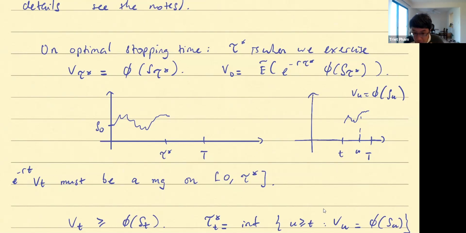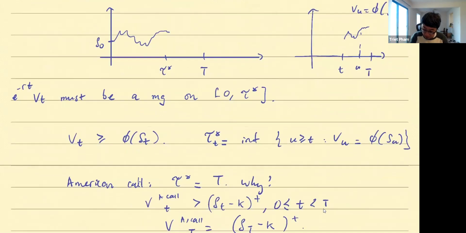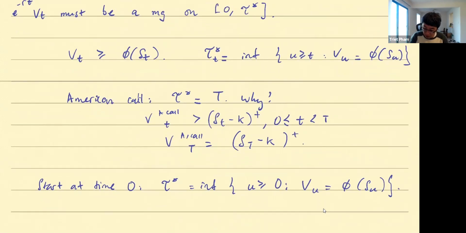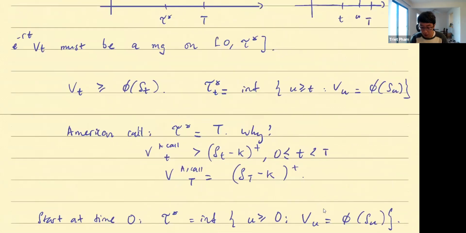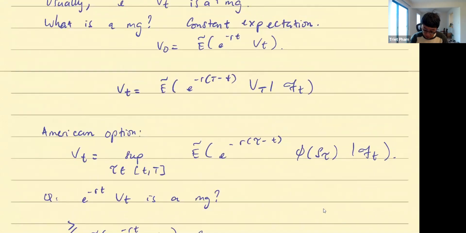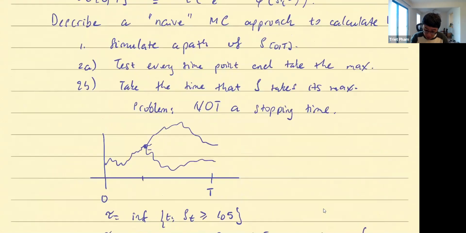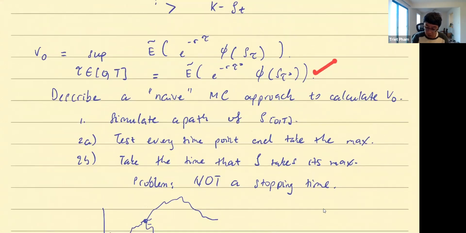Okay, so let me ask you this. Does this help the simulation? In other words, I asked you about the Monte Carlo simulation. So now you know what tau star is. It's not some mysterious object. Now, can we go back and do the simulation?